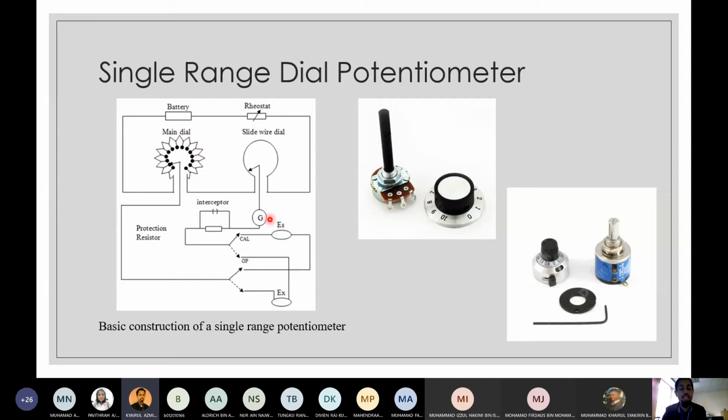ES is the standard cell we want to use for calibration, and EX is the component that we want to measure the voltage of. Again, we see that the switch can change from calibrate to operate. So let's see how it works.